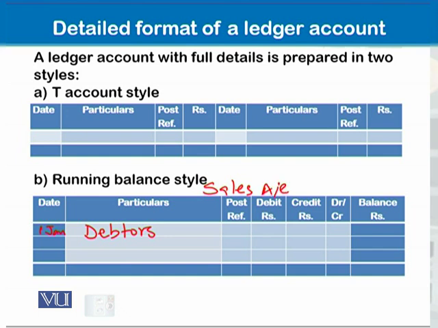It is the sales account. On 1st January, because of debtors, the sales account is being credited with 1,000. So here we shall have credit 1,000.